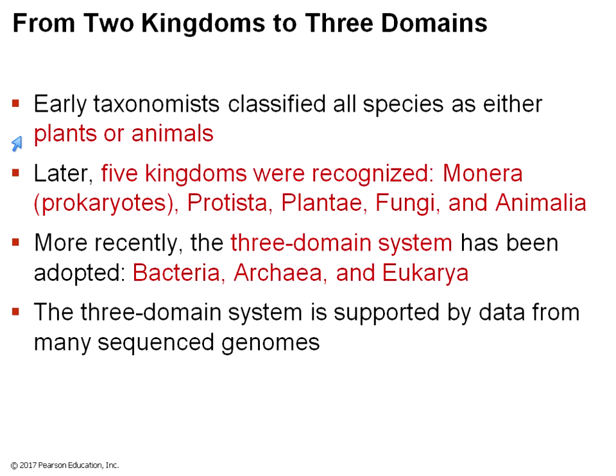Okay, so something that moved versus something that didn't move. Plants or animals, so two kingdoms, that's it. A little bit later on, and this was around for a fairly long period, 5 kingdoms were recognized, and you might have learned this in high school. Monera, which were our prokaryotes, Protista, Plantae, Fungi, and Animalia.